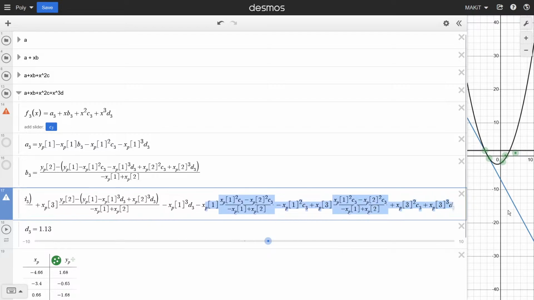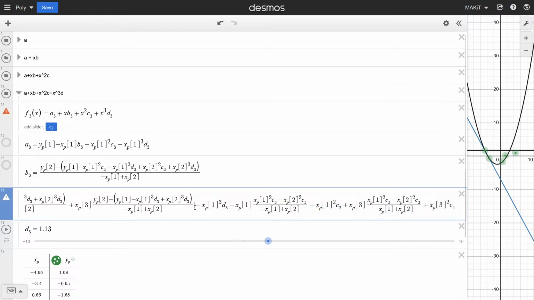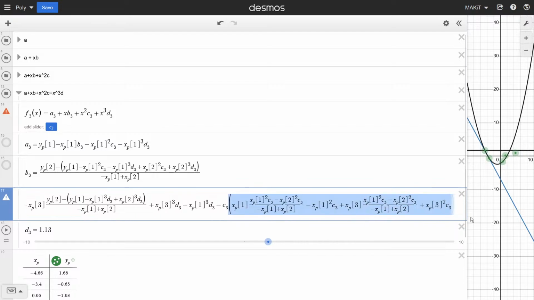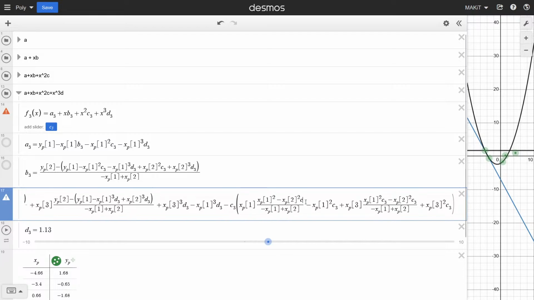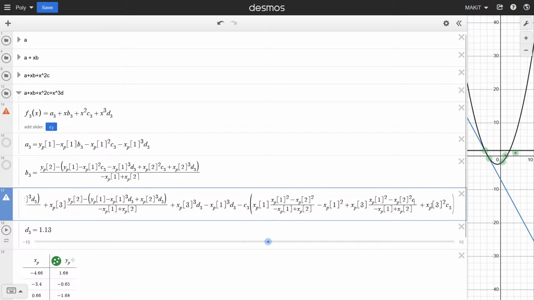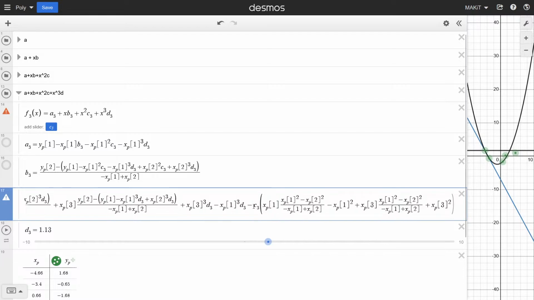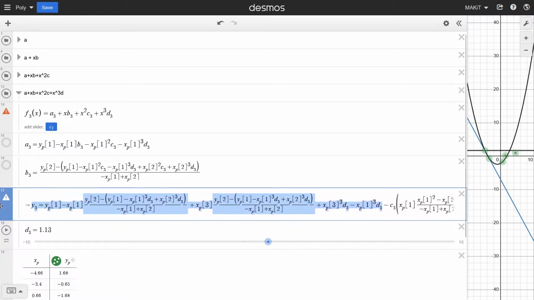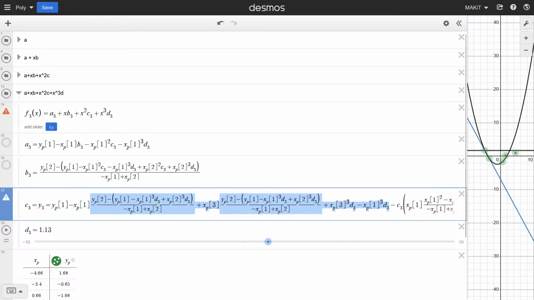And now we have all those, which apart from the last one, all have c's. Now they do all have c's, which means we can just take c3 and bracket them like this, and then remove all the c3s. And now for all of this, oh wait, that was for this thing.